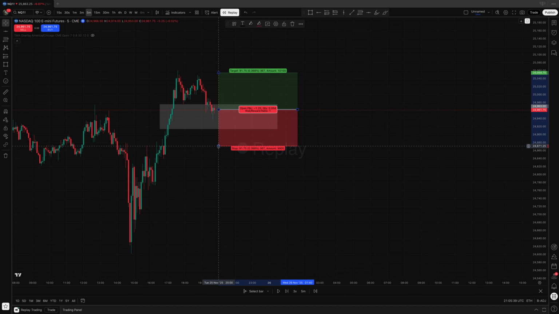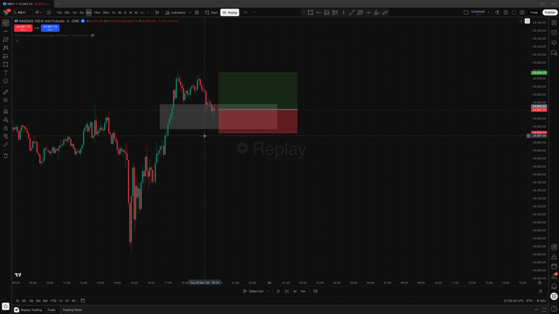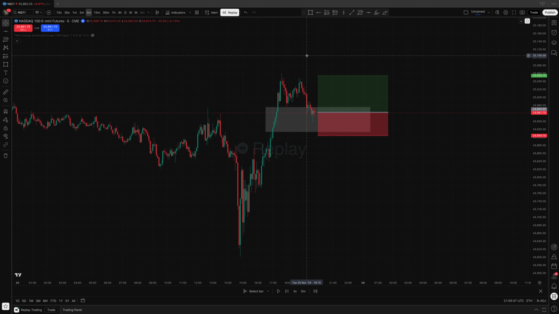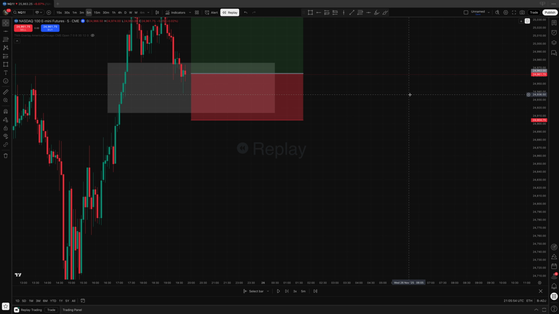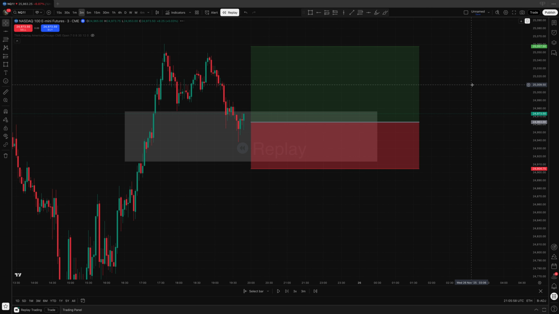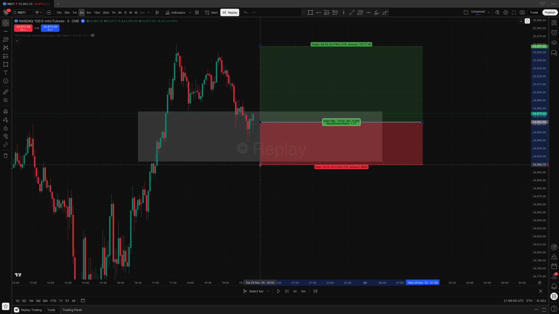So boom, you'd keep your stop loss below the fair value gap, around here, and aim for the previous highs, essentially around here. Not the best risk to reward ratio, but it depends. You don't necessarily have to keep it so low, but let's say below this wick.